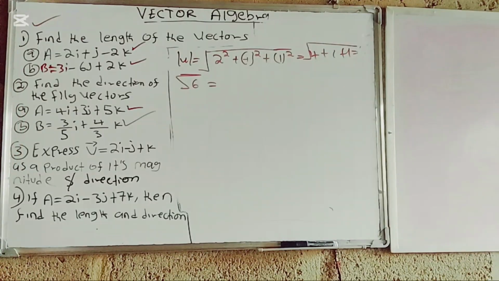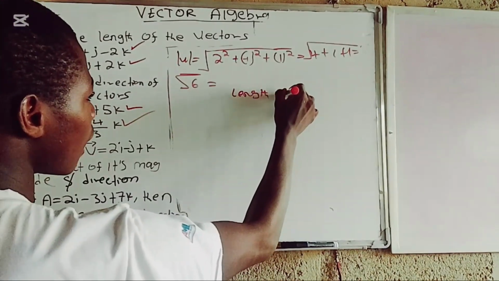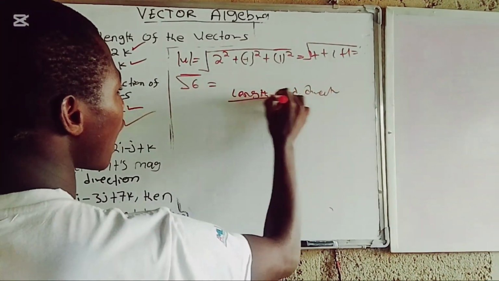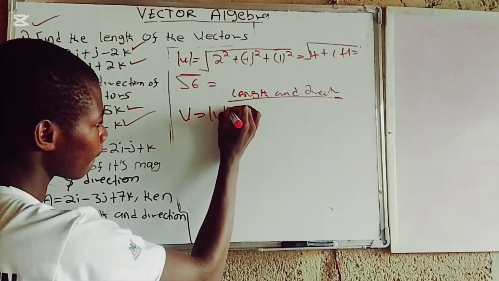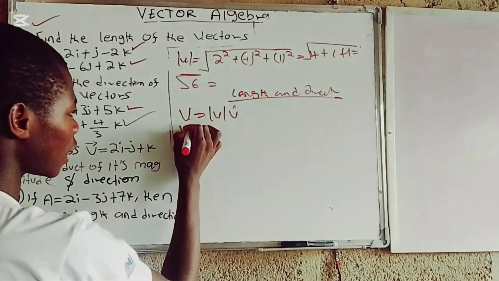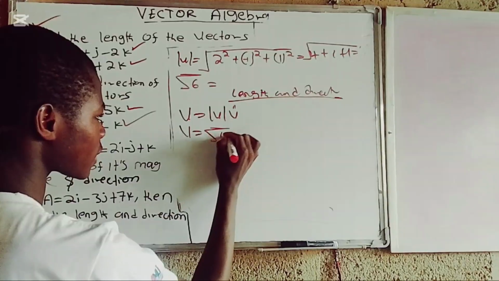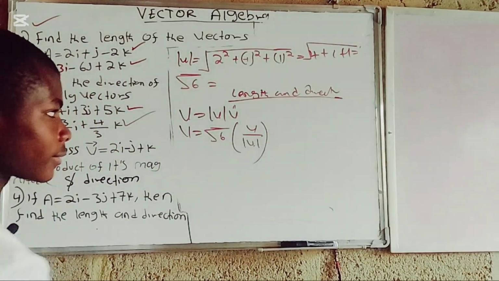I've already found the magnitude of this, which is root of 6. So the length and direction of this: v is the same thing as the magnitude of v times this direction. So v should now be equal to root of 6 multiplied by v by this, which is the direction.